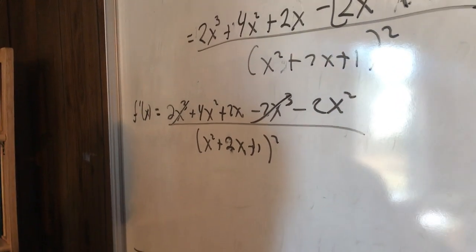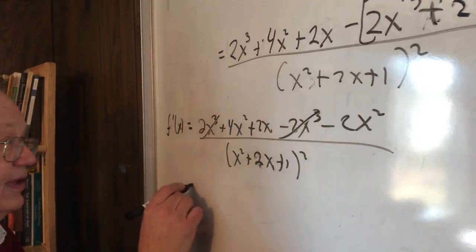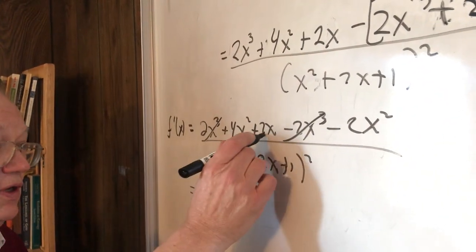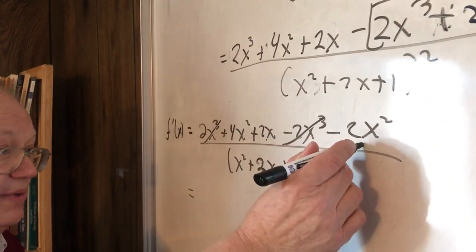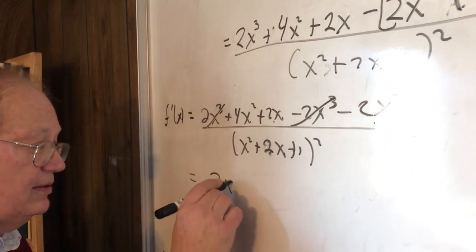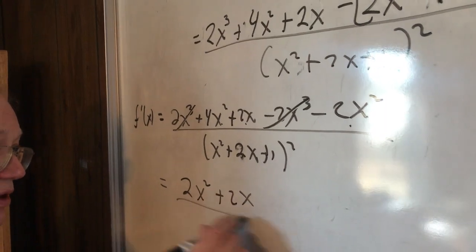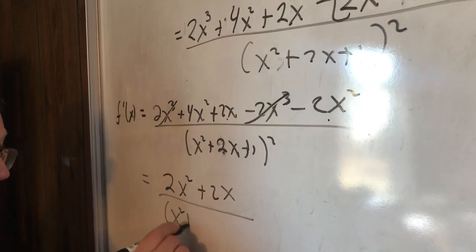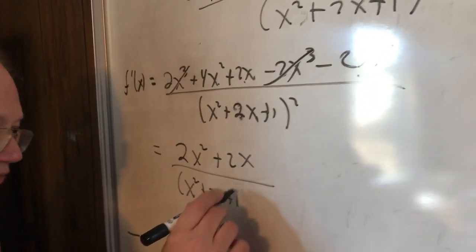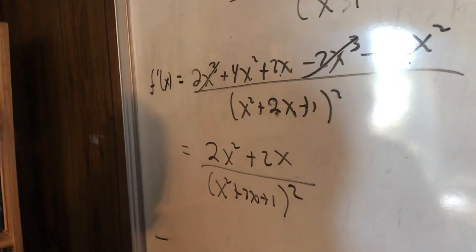So what do we have when we finish this? Let's see, we have 4x squared minus 2x squared, which is 2x squared plus 2x over (x squared plus 2x plus 1) squared.